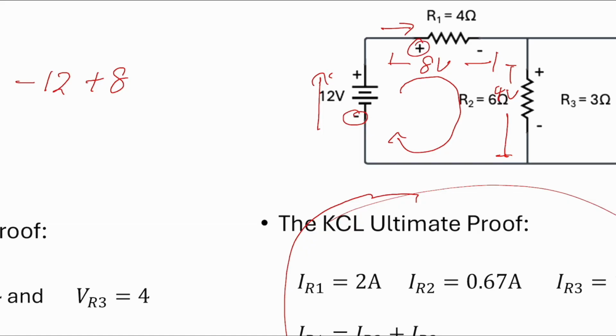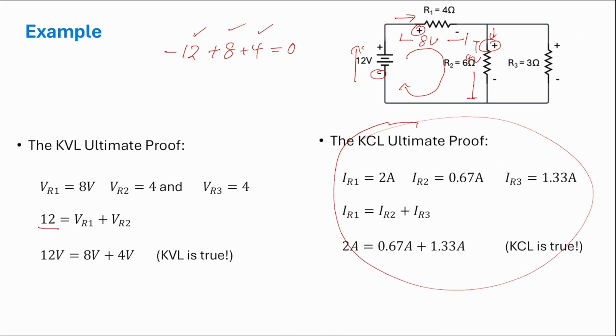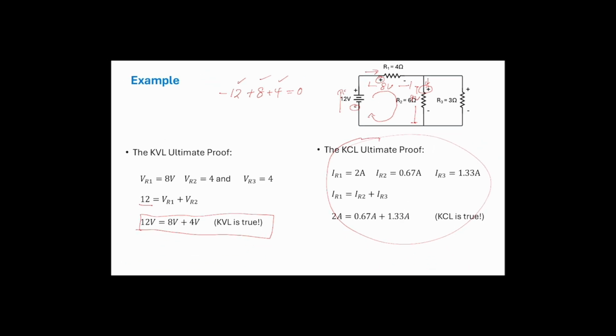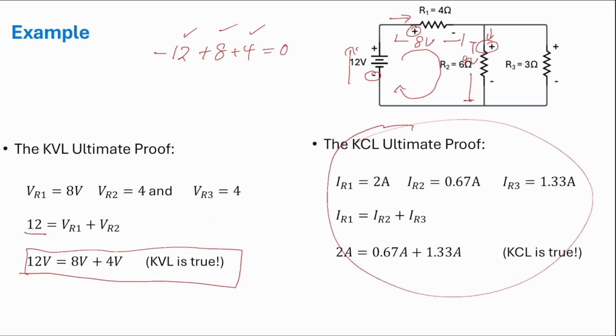When it enters R2, again it enters from the positive side, plus 4 equals 0, and this is correct. So again, KVL is also true in this example. We just verified that both KCL and KVL are correct.